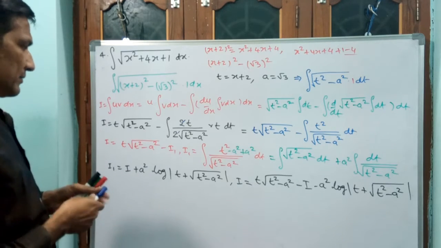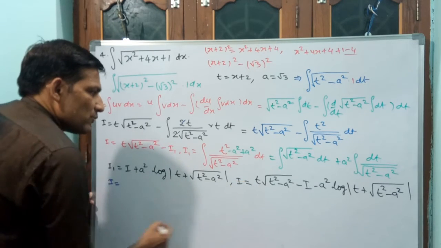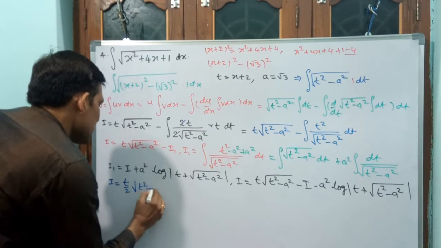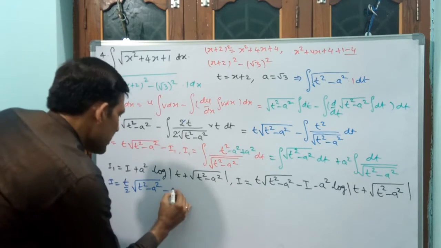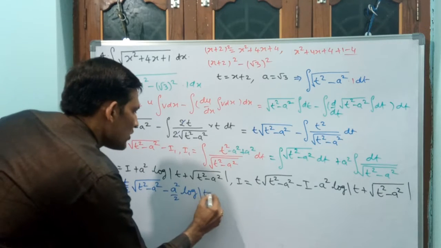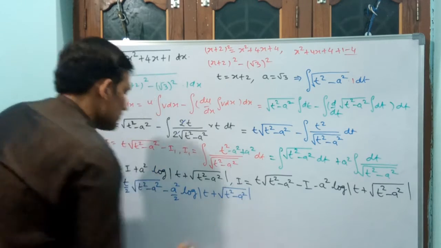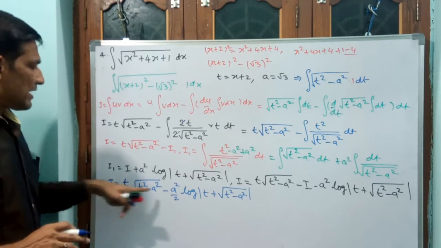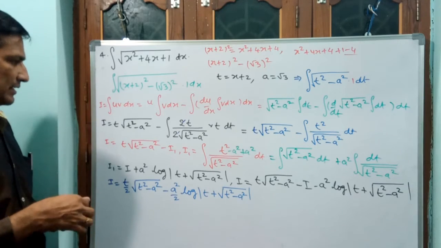I is equal to t by 2 square root of t square minus a square minus a square by 2 log modulus of t plus square root of t square minus a square, modulus close. Okay, this will be I. See, this will be I, but we have to substitute t value and a value. Then that is going to become final answer.